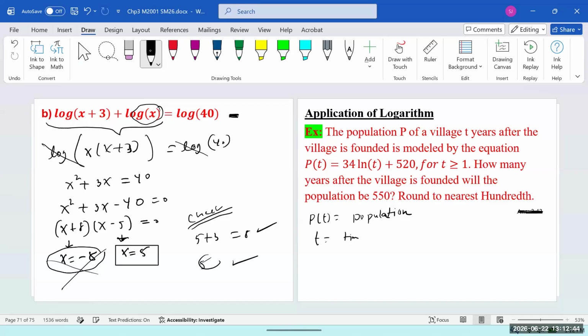T means time, which is years after founded. And then we have this equation, P of T equals 34 ln of t plus 520, and t is bigger than or equal to 1. How many years after the village is founded will the population be 550?